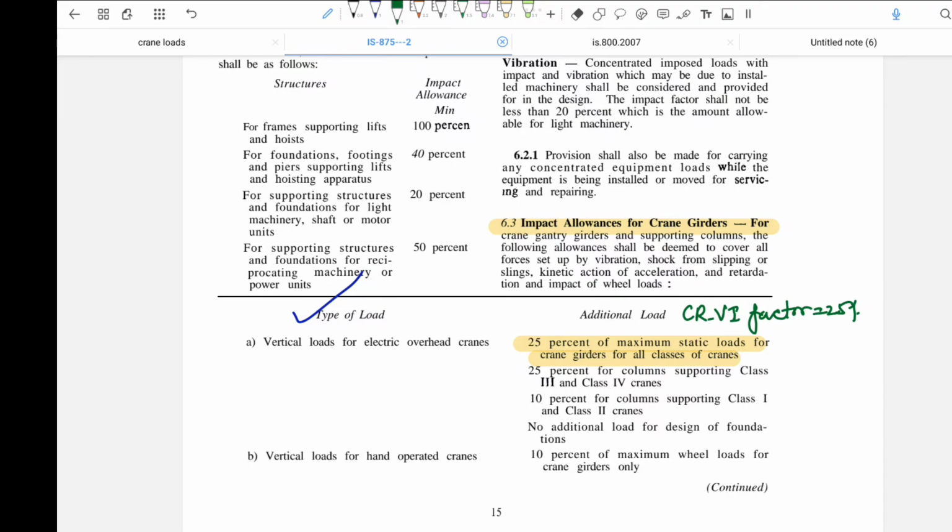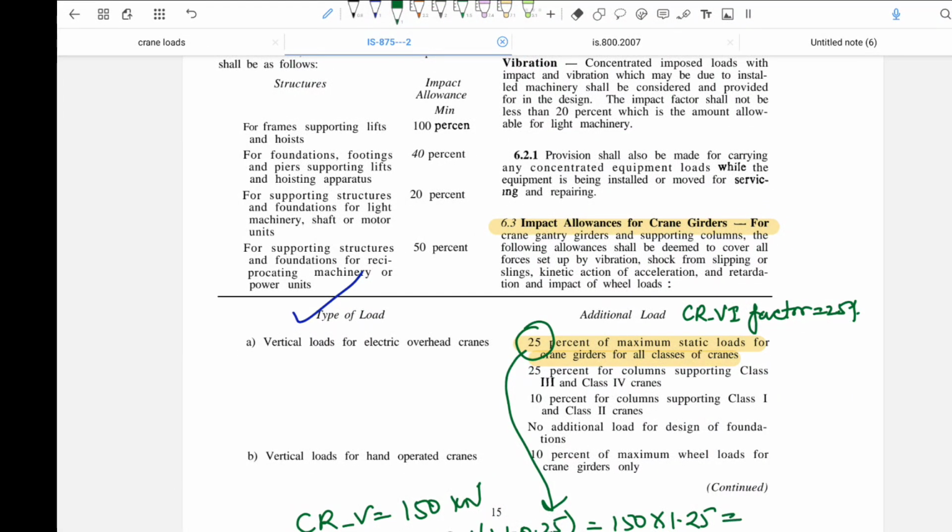We don't have to consider only 25%. We have to actually add 25% in CRV. For our case, CRV is 150 kilonewton. So CRVI will be 150 into 1 plus 0.25. This 0.25 is coming from 25%. So we are going to multiply 150 by 1.25. So this is our CRVI.